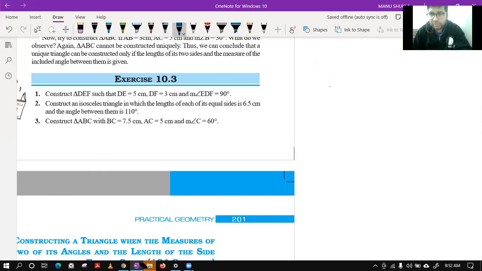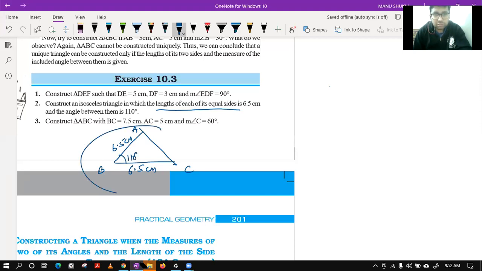Question number 2 is saying construct an isosceles triangle in which the length of each of its equal side is 6.5. Okay, the triangle will look like this. Suppose A, B, and C. Okay, so the equal side is 6.5 centimeter, 6.5 centimeter, and angle between them is 110.